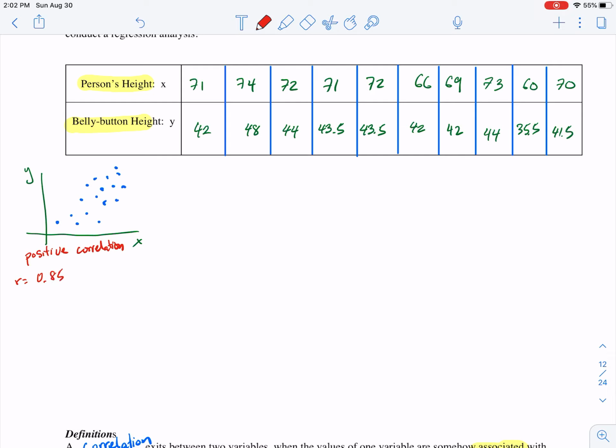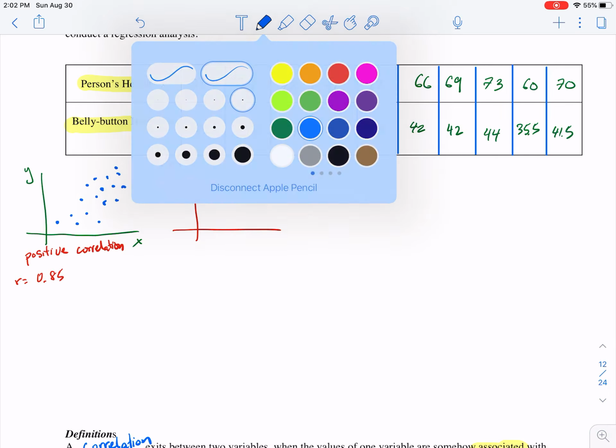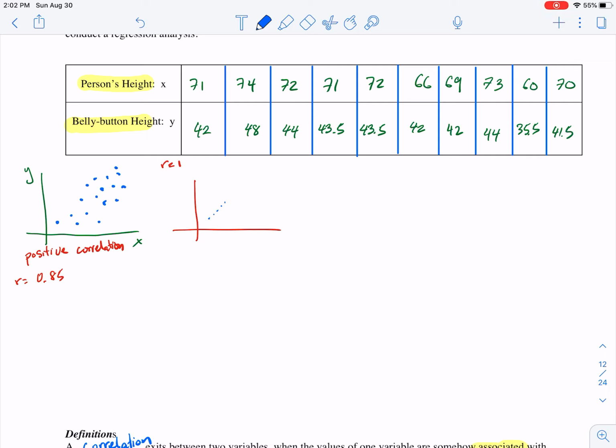When the R value equals 1, that means perfect correlation. That means all the points are on a straight line. R equal to 1 is when we have all the points like this here, on a straight line. So the R value measures how close these points are to a line. In other words, R measures the strength of the linear correlation.